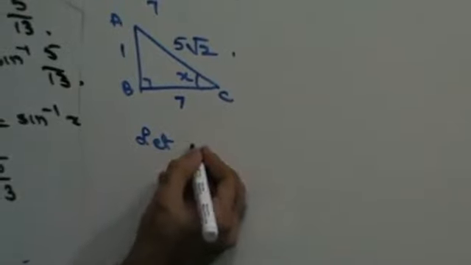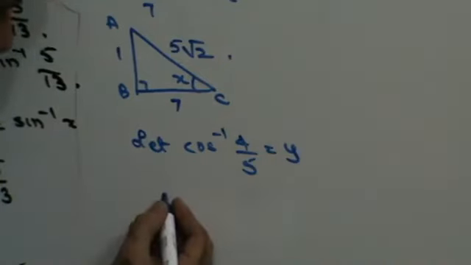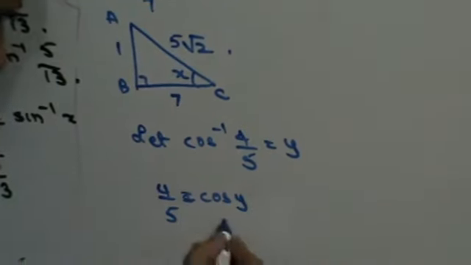Let cos inverse of 4 by 5 be equal to y. Therefore, I can say that 4 by 5 is cos y. Draw your right angle triangle. I'm drawing it here only, guys.